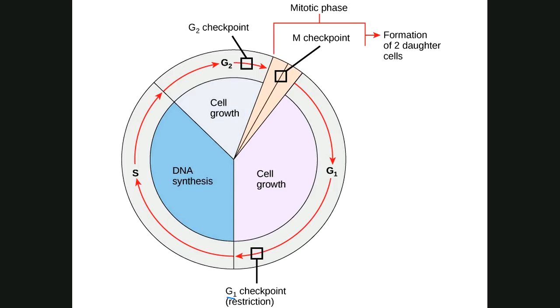We also have a checkpoint at G2, okay, to make sure that all the DNA has been replicated and all the proteins that we need have been made. And then we have a checkpoint during mitosis to make sure that in fact the chromosomes are arriving right where they should be. Otherwise, there's going to be a repair or some work to be done in that cell before it continues on in the cell cycle.